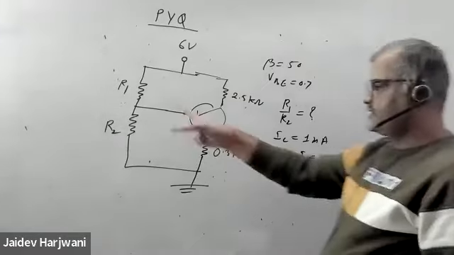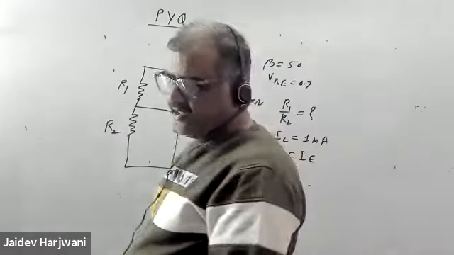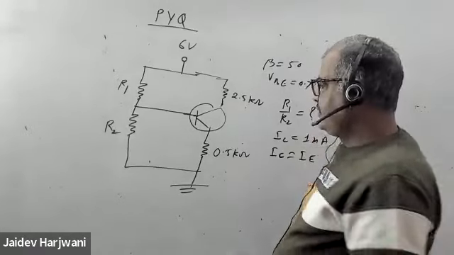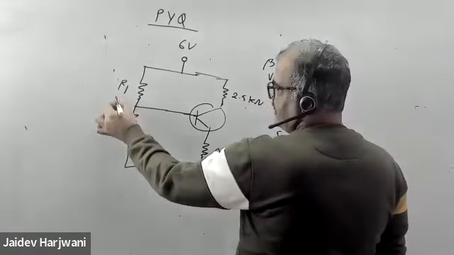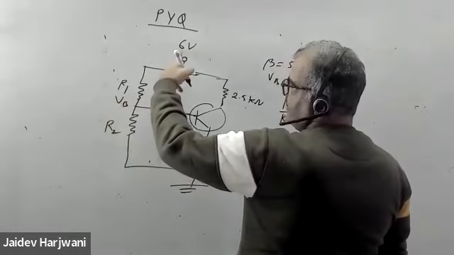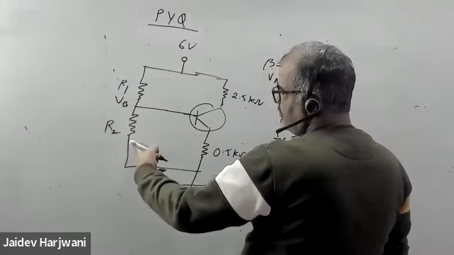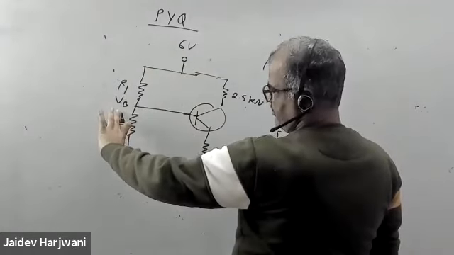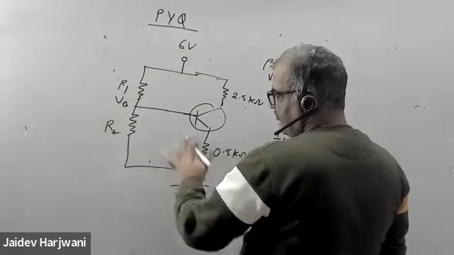So these two resistances are unknown, so you need to find the ratio. What you need to do is just find this voltage VB. Now this battery is given, but these resistances are unknown. So obviously with this voltage divider, you cannot find this VB, but in this loop you can find VB.